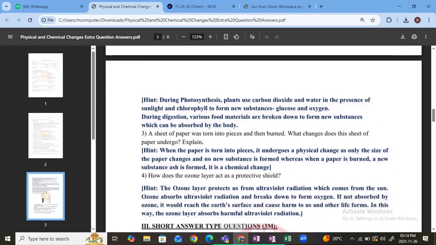And when the non-harmful UV rays enter, it basically absorbs the ultraviolet rays. UV rays are always harmful for us, so you can simply write that it helps us by absorbing the harmful ultraviolet rays that are coming from the sun.